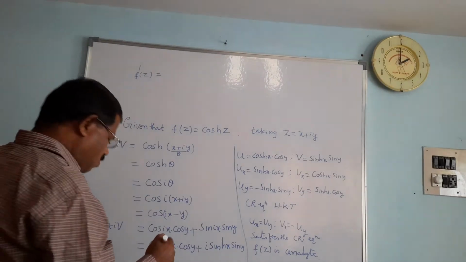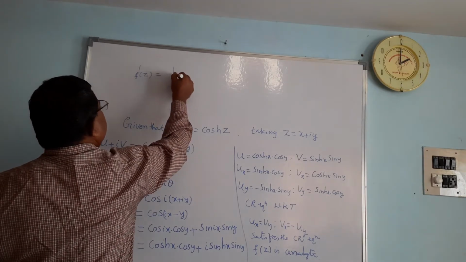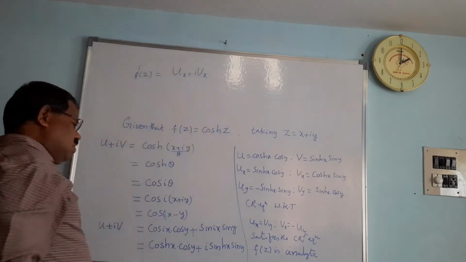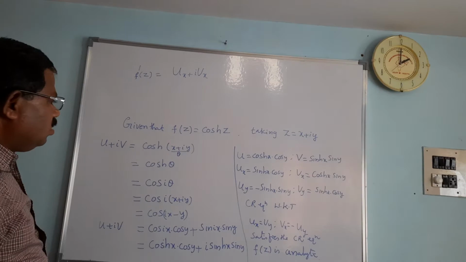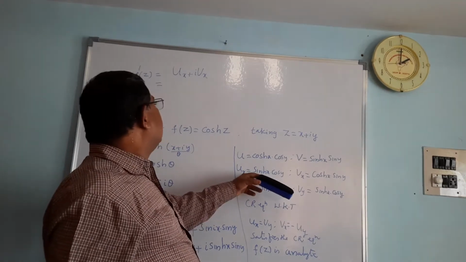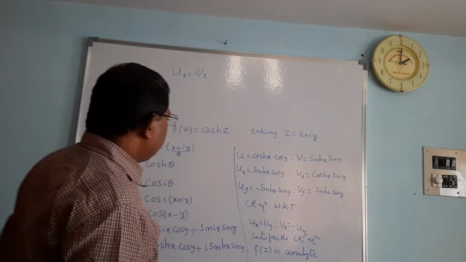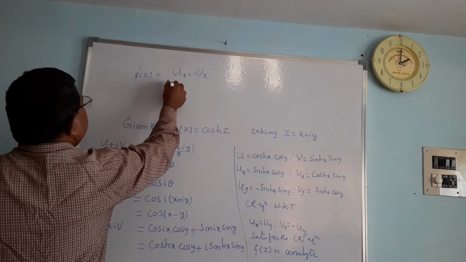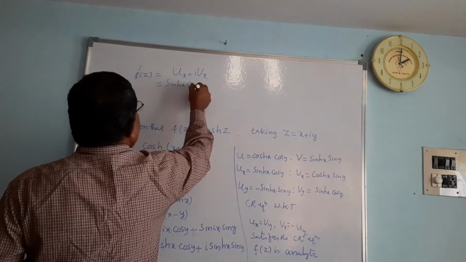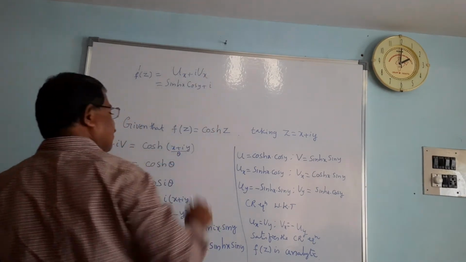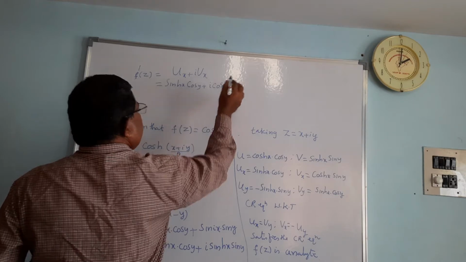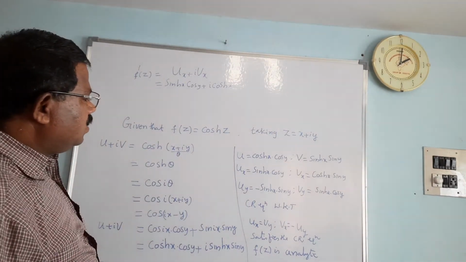To find it, the formula we discussed is ux plus i vx. Just substitute what ux and vx are. Ux is sinh x cos y plus i vx, which is cosh x sin y.